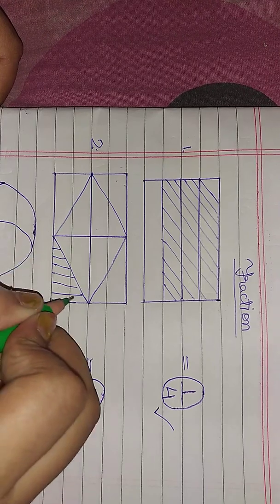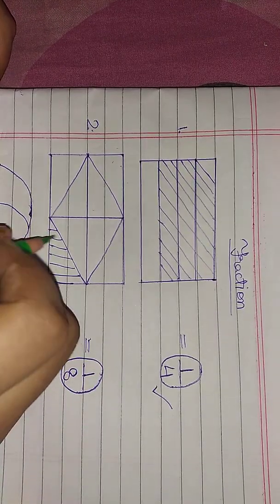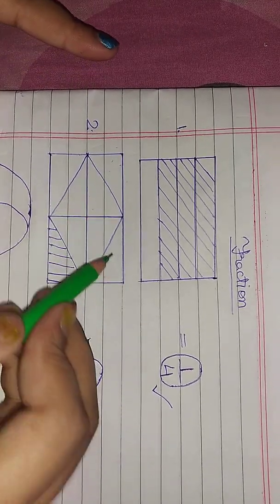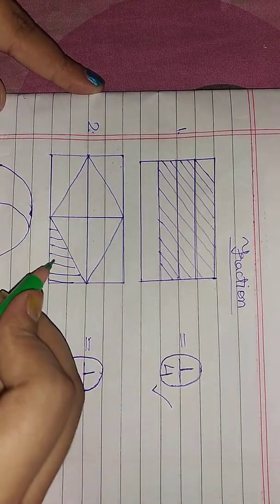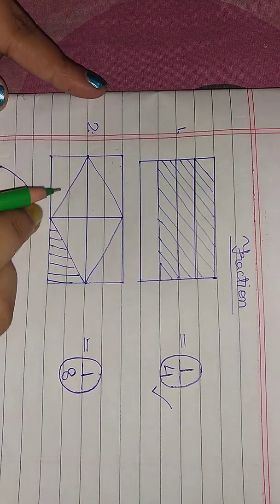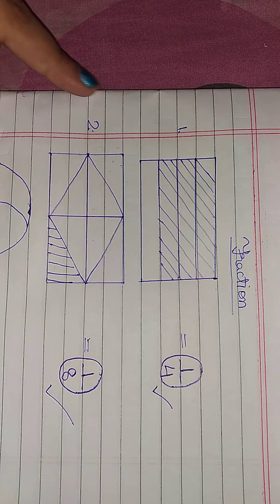So how can we do it with the half question? We have to make the 4 lines, and now count: 1, 2, 3, 4, 5, 6, 7, 8. So 1 by 8. If you have got this answer and you have done this, give a tick mark.